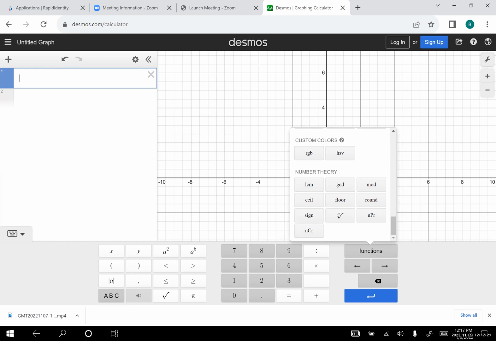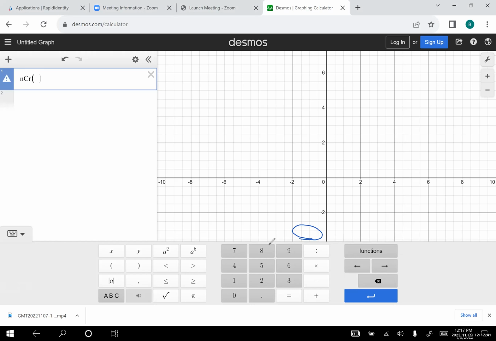And I think they stick it all the way at the bottom under number theory. And it lives right down here. So there's our formula. Now the way you enter it is a little unusual. You click that first, then for that problem we were doing, you put your 6 and then comma 4. And that'll tell you how many groups of 4 you can get out of a group of 6, 15.